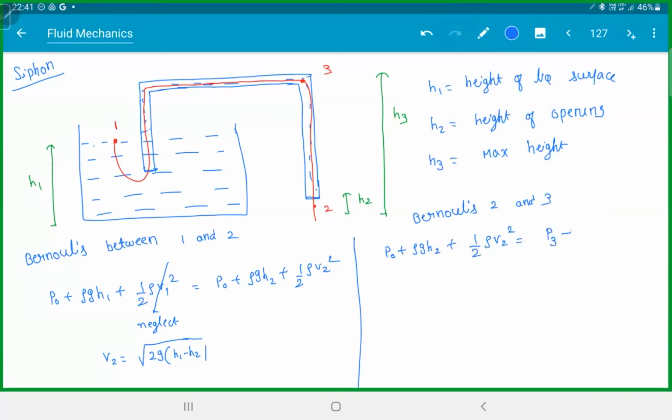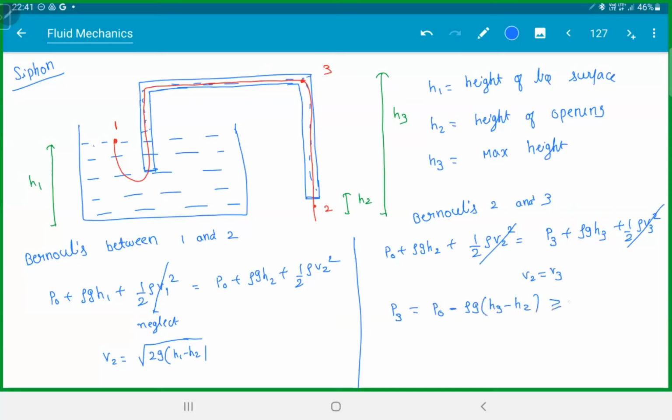Pressure at P3, height is rho g h3 plus half rho v3 square. v3 is equal to v2 because the area is same. You end up with P3 will be P naught minus rho g (h3 minus h2).